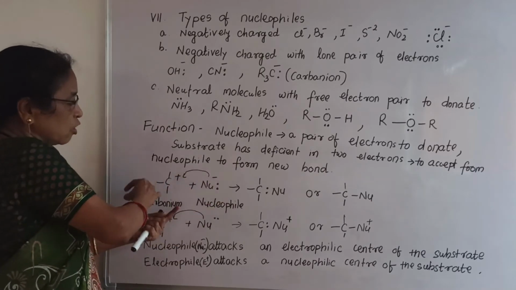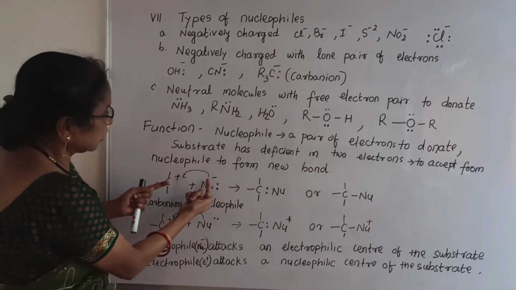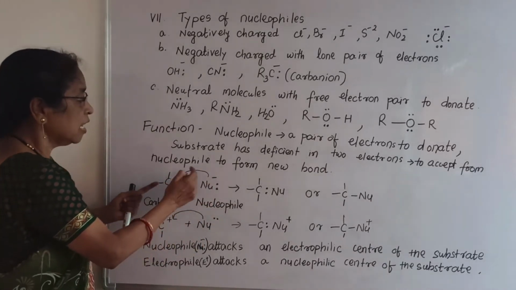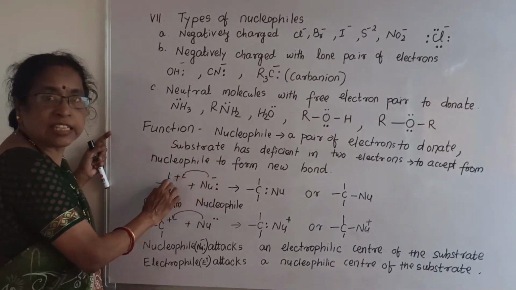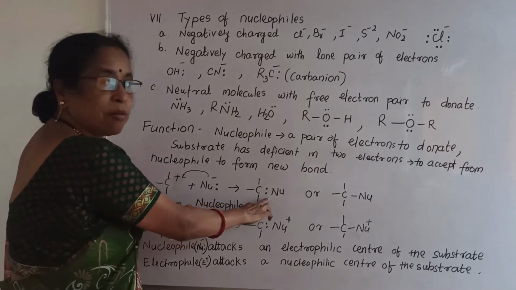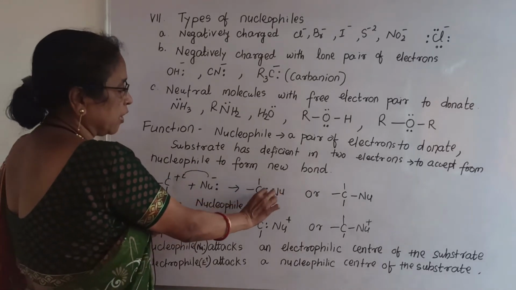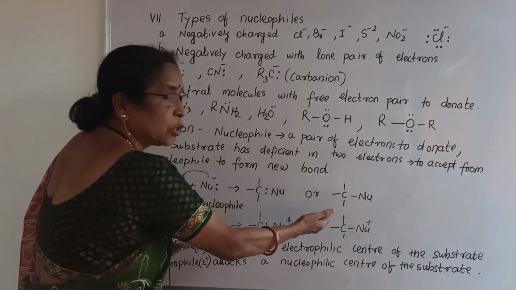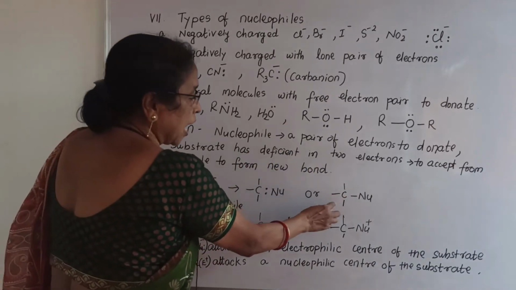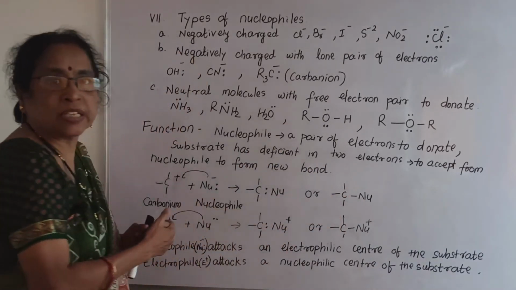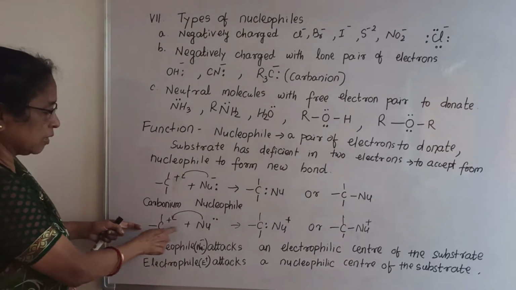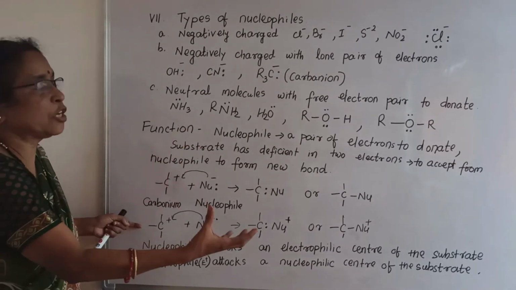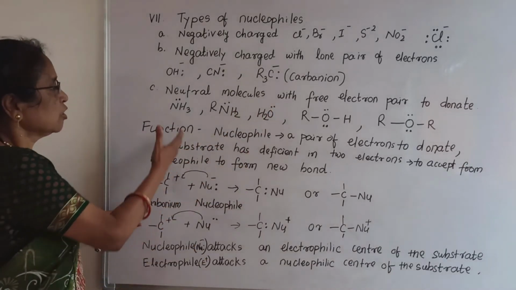The indication is also there: you can see the electron moves from here to here, the tail starts from here and comes to the end at this carbon. That means it forms a bond with a pair of electrons, which is explained by the formation of a new bond. Now here is the carbonium ion, and this is a neutral nucleophile where there is no charge, just like NH3.